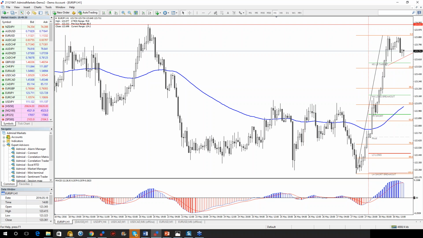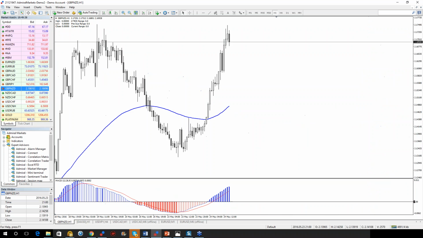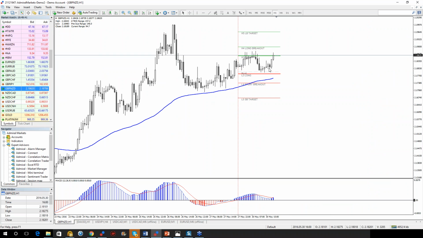Okay, pound New Zealand. Be careful with pound New Zealand because that is the fastest moving pair. And on ECN account, spread is actually 3 to 4 pips. On this standard account, it's a bit higher spread. But here it's actually, guys, cup with handle.